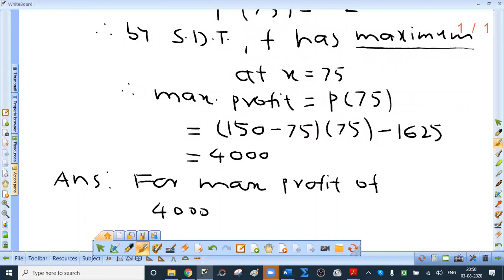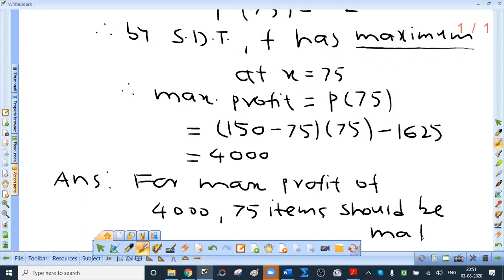For max profit of 4,000, 75 items, you have to give comma in between, 75 items should be manufactured, or the simple word is made. Okay, so write down.